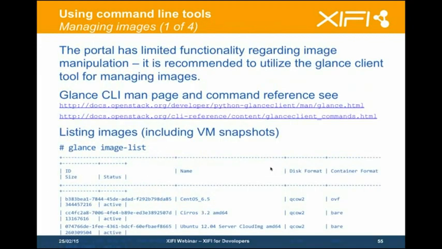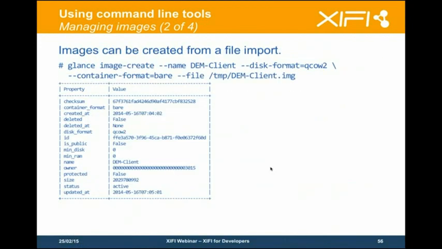Okay. So what you can actually get is a lot more information about the virtual machines, for instance, also including snapshots. You can do that via Glance. You can also, and this is something you cannot do in the portal, upload your own images to your tenant.